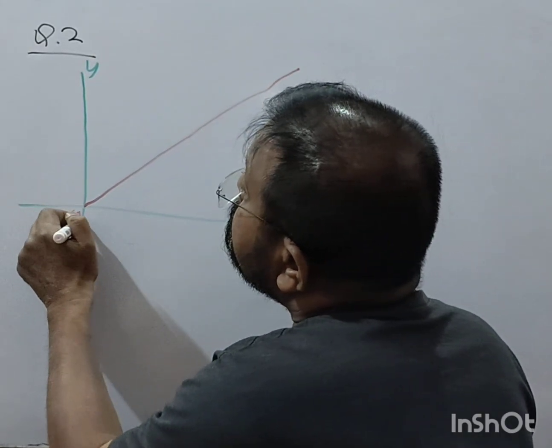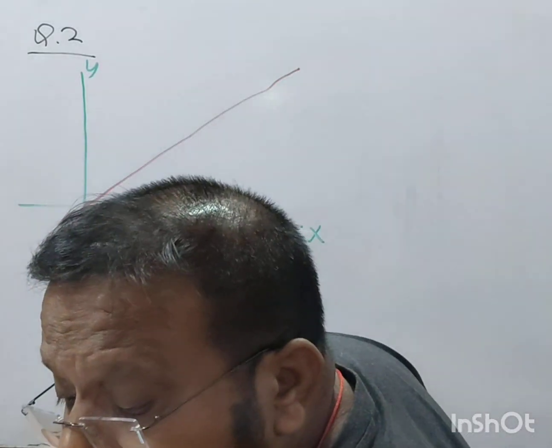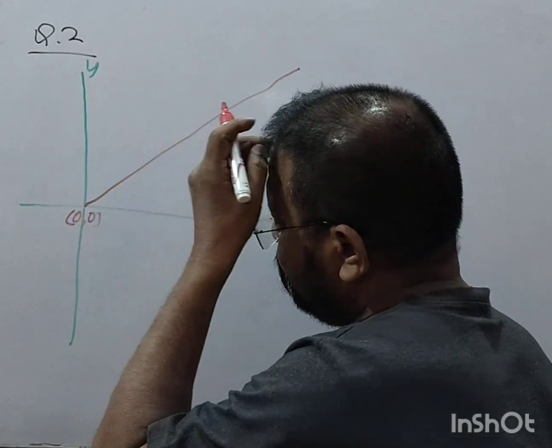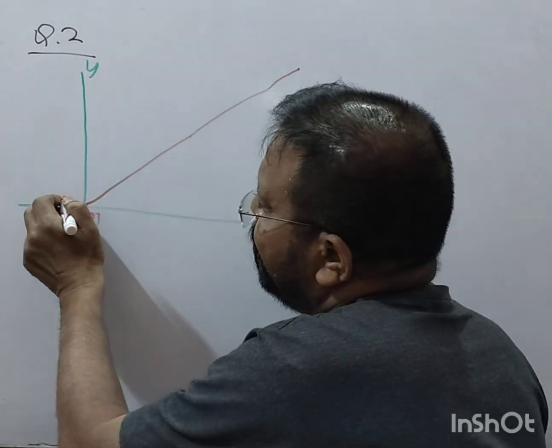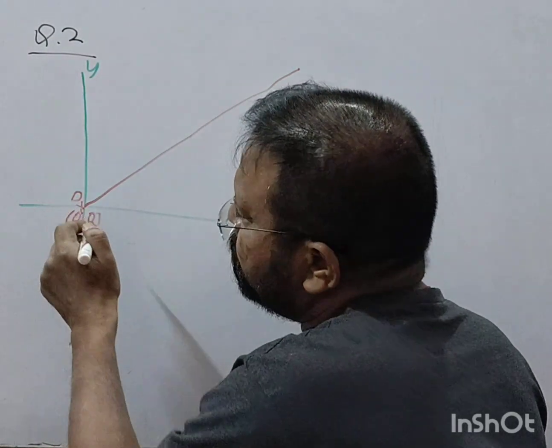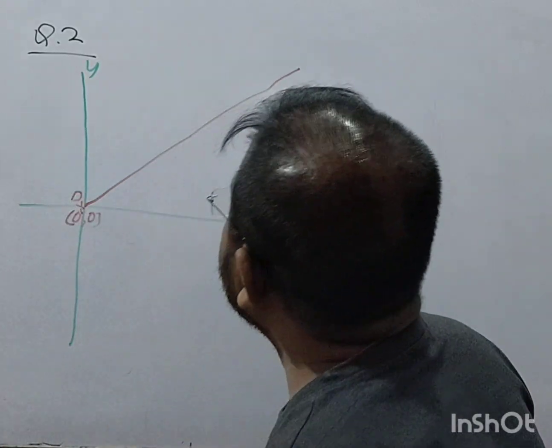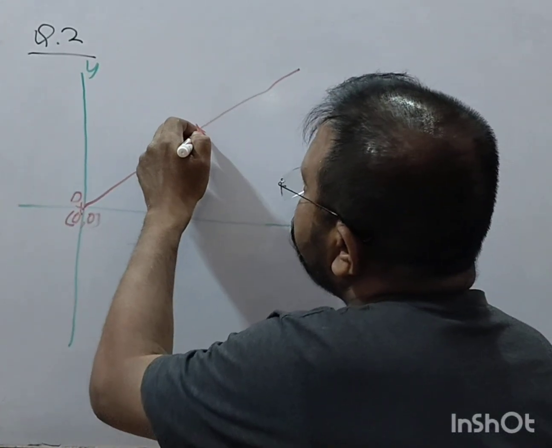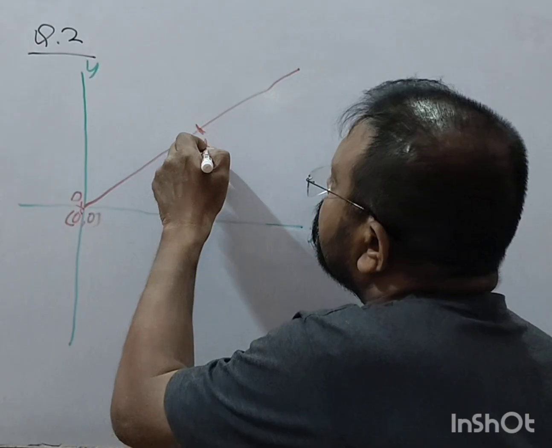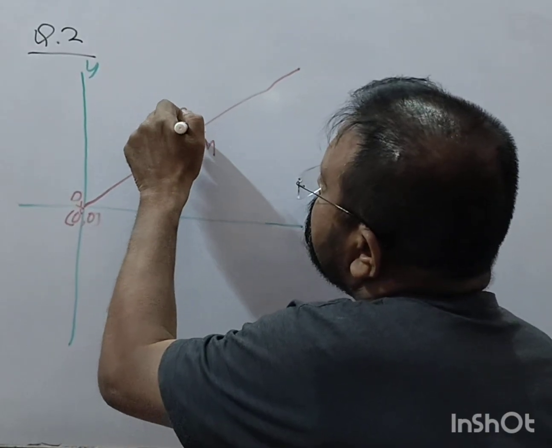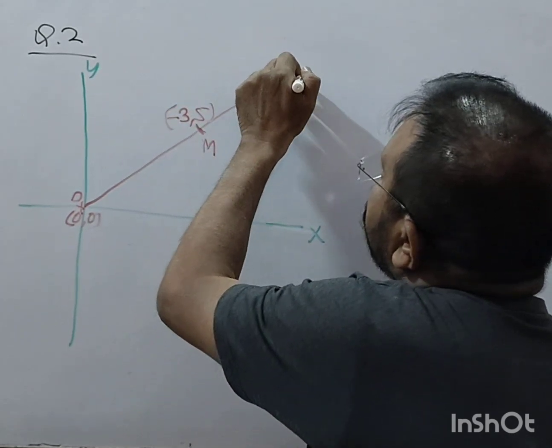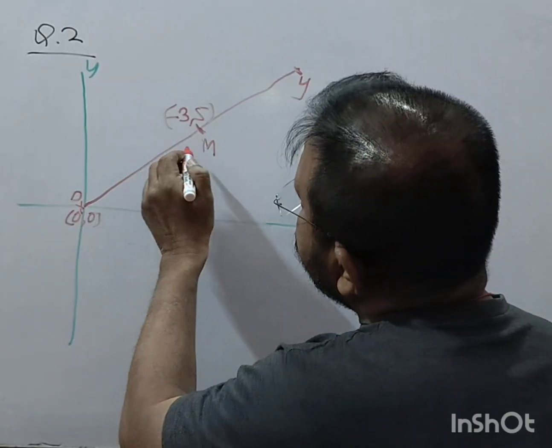Its coordinate is 0, 0, right? And it is given to you, this line is XY. This is the origin, the coordinates of X are given as 0, 0, and the midpoint of this line is M, minus 3, 5. Minus 3, 5, and the second coordinate is our Y, right. So this is the midpoint.